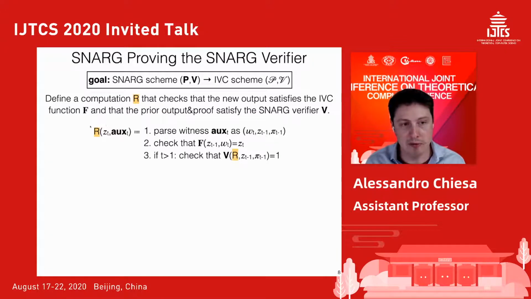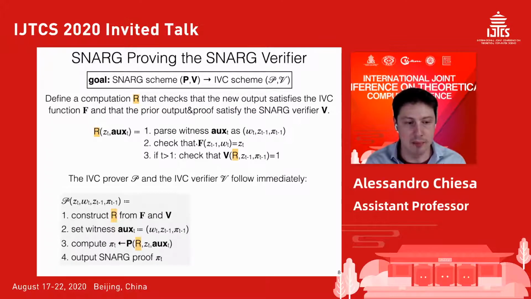Now, once you have this recursive computation defined, constructing the IVC prover and the IVC verifier is rather straightforward. Here they are. The IVC prover will simply assemble this recursive computation from the transition function and the snark verifier, and it will just use the snark prover to produce a proof that the recursive computation has accepted the new output ZT. And then you just output the snark proof.